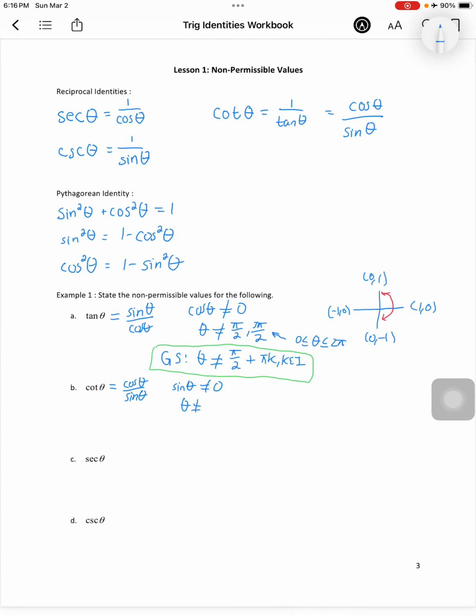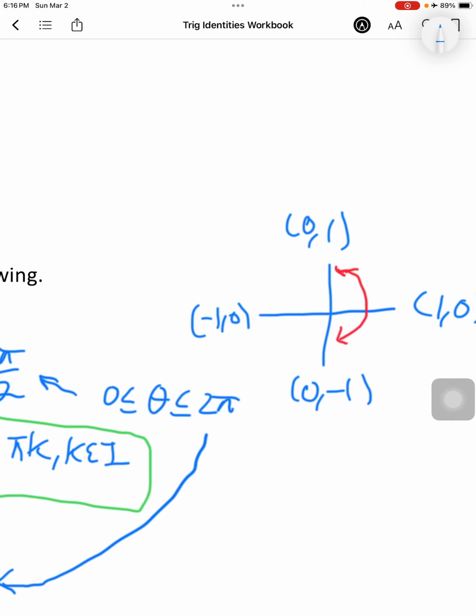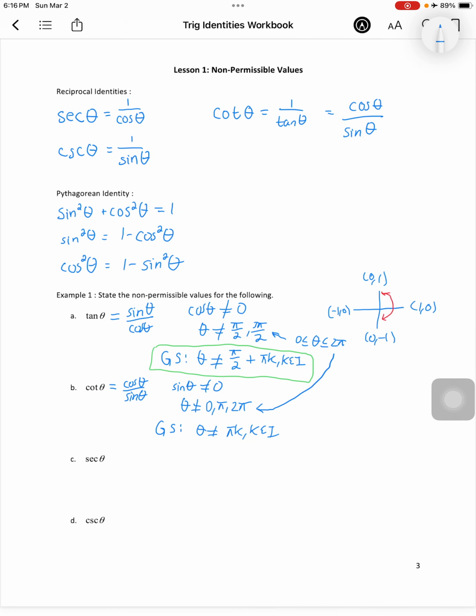Our y values are equal to 0 at 0, pi, and 2 pi. But this would be your answer again if you were given the domain. Our general solution here would be theta cannot equal to pi k, k an integer. Because if you, again, were to go from one NPV to the other, it's only half a revolution.